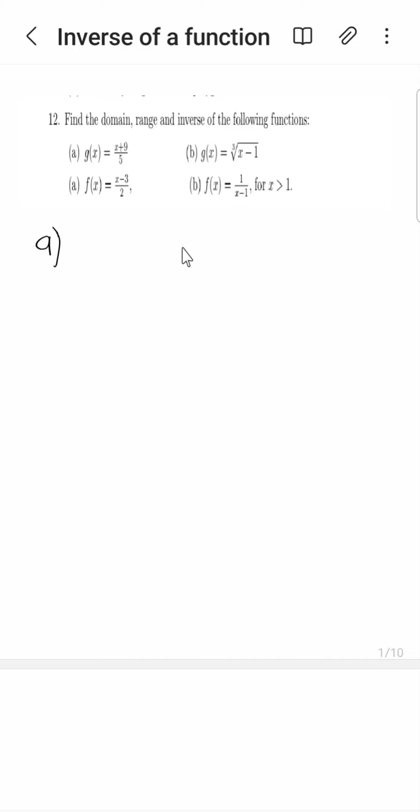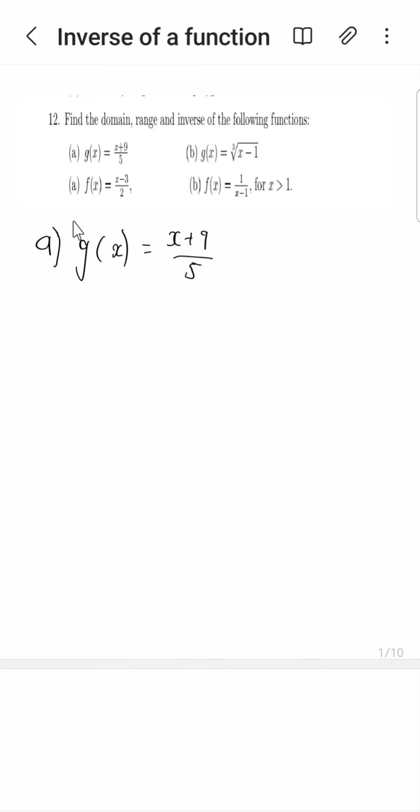So when we have g of x equals (x plus 9) over 5, what do we do when we are told to find the inverse of a function?